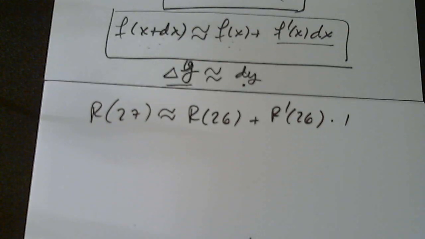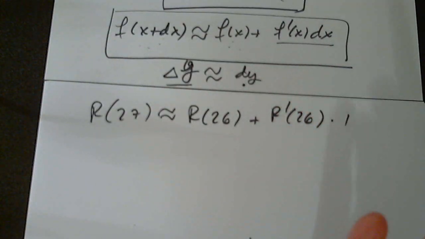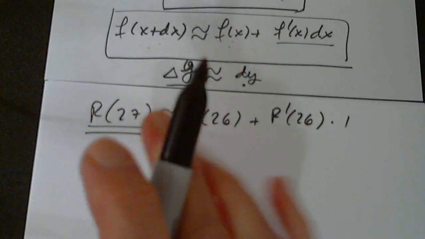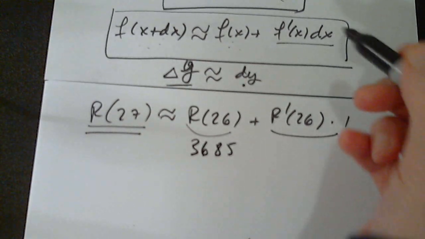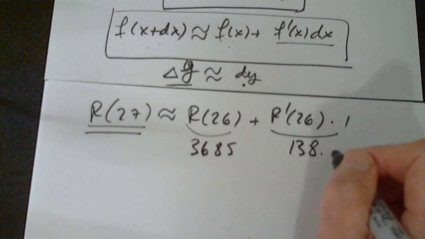They're not asking us to estimate the difference. They're specifying that they want us to estimate this. In that case, I have to use A, which is 3685, and add 138.20.